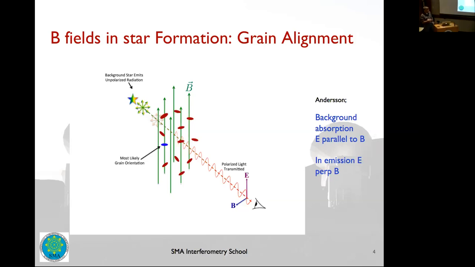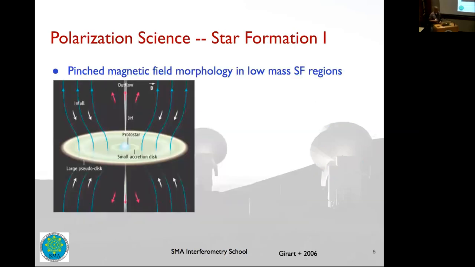That's what I've been talking about in absorption. In emission, you just reverse it. The grains tend to emit along the long axis, so the polarized emission will be along the long axis. Then, to get the magnetic field, you rotate by 90 degrees. So in a lot of maps I'll show, the vectors are rotated by 90 degrees to get the magnetic field.